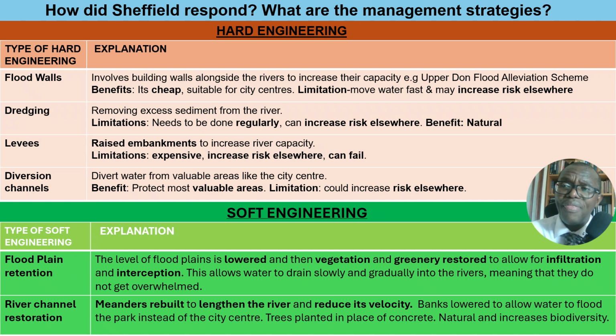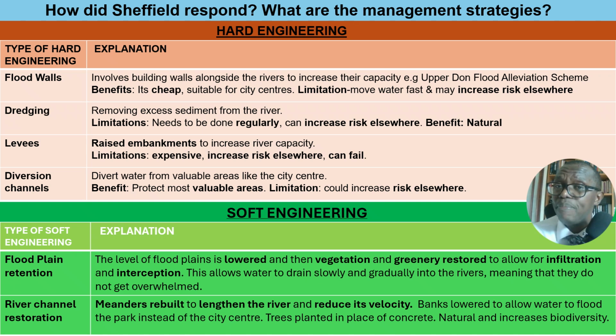And then you are also increasing the river's holding capacity, because you have dug the river channel and removed that excess sediment, so the river is capable of holding a lot more water, and therefore you're reducing flood risk.